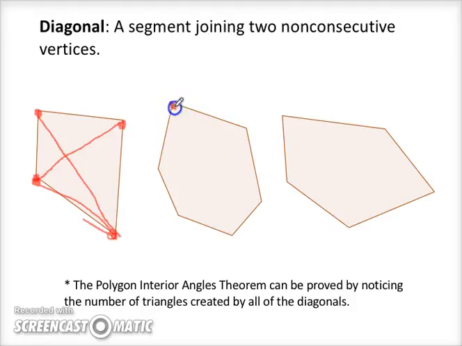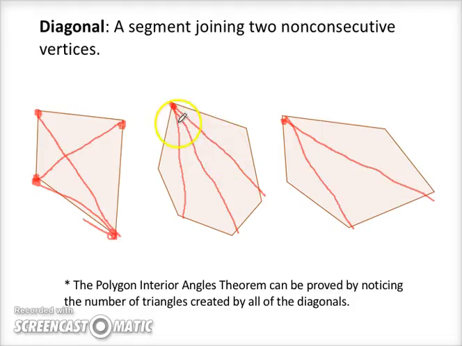Let's draw some more diagonals here. On this figure, I'm going to draw all the diagonals that start from this particular vertex. And I'm going to do the same thing on this 5-sided figure.